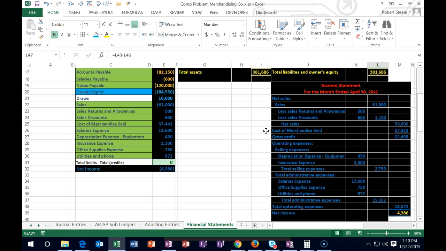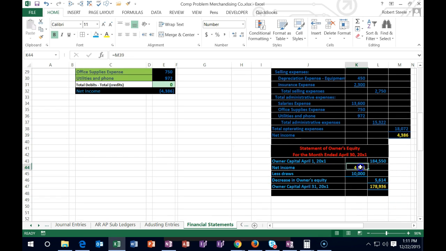The cost of goods sold, our major expense, gives us the gross profit. Then we're breaking out the operating expenses and the total administrative expenses and selling expenses, and that comes up with our net income. So this is how we did overall over this time period, and then how we did less the money that we drew out personally leaves us with the ending capital balance here.